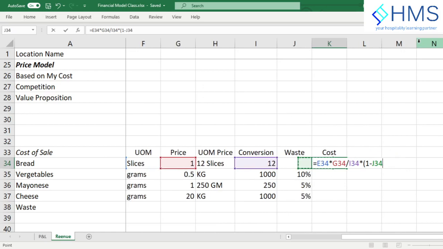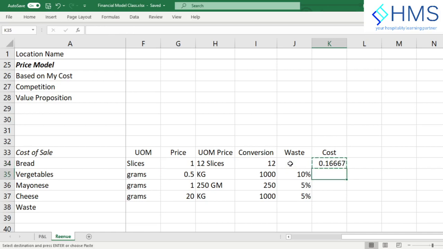Oh, sorry, multiplied by the waste percentage, so 1 plus the waste percentage. That's how the formula will be carried out. So let's say the cost of the bread is going to be 0.167. The cost of vegetables is going to be this. The cost of mayonnaise will be this. The cost of cheese will be this.